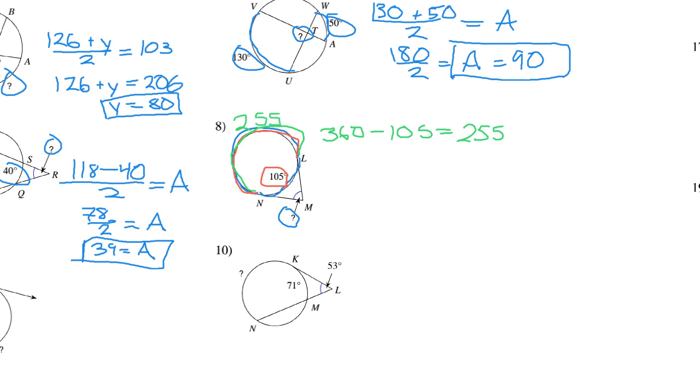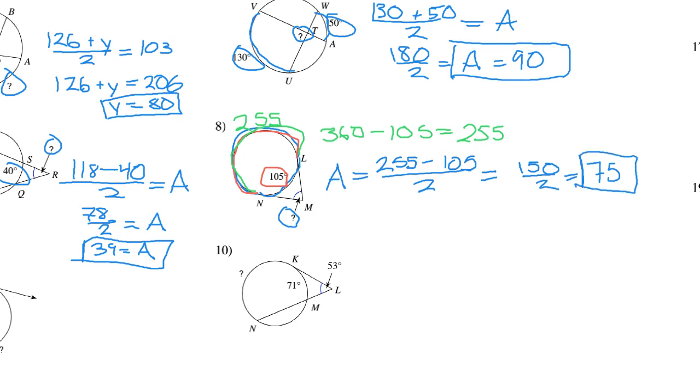And now we actually should be able to find A. So angle A equals (255, which is the big arc, minus 105, which is the small arc) divided by 2. 255 minus 105, well, 255 minus 100 is 155, minus 5 is 150, over 2, which is 75. Okay, so there's our answer, our angle there, 75 degrees.